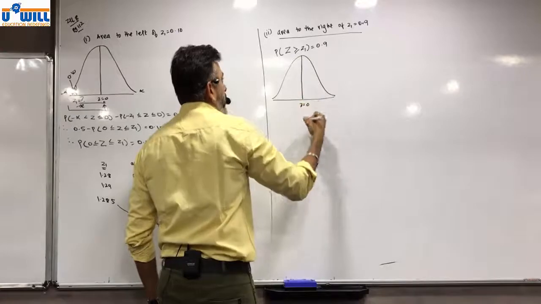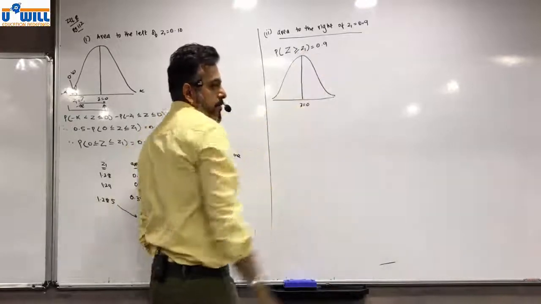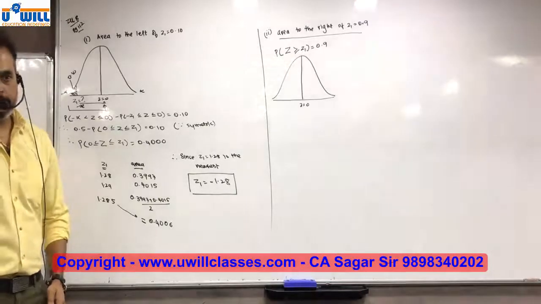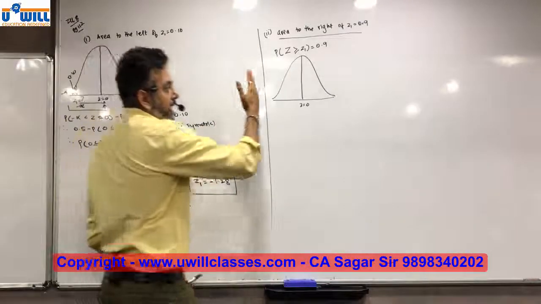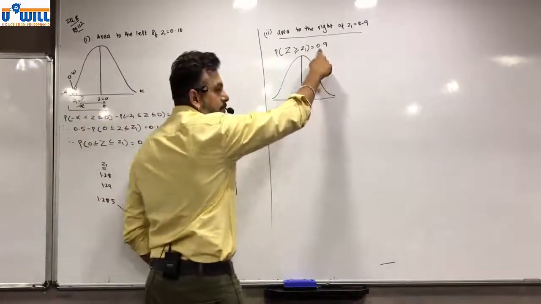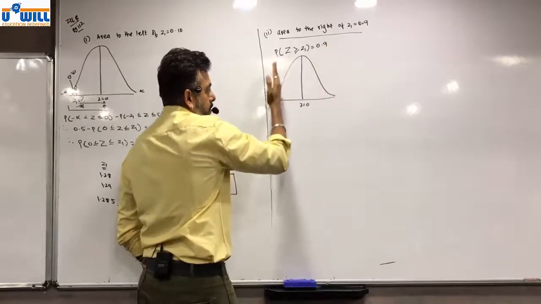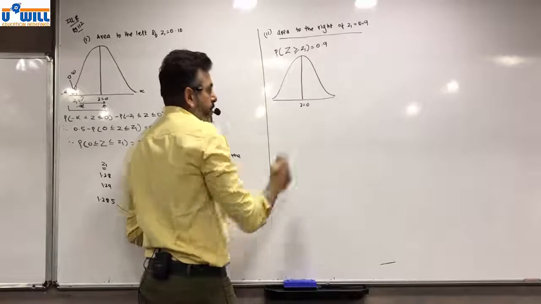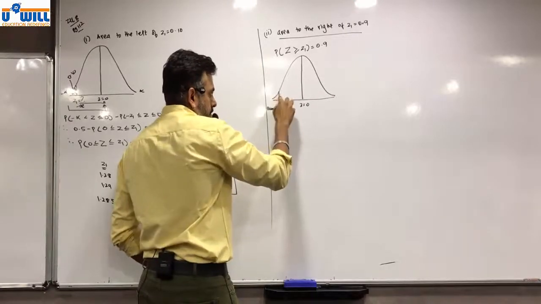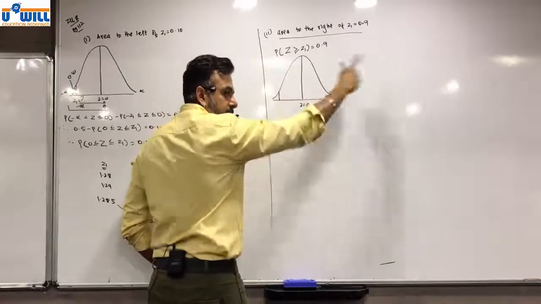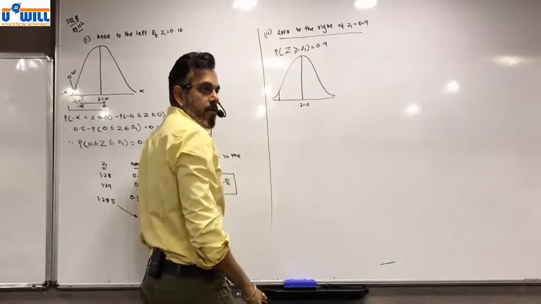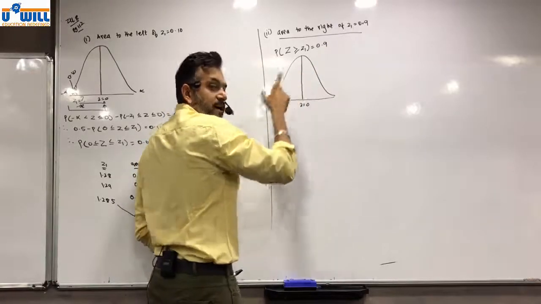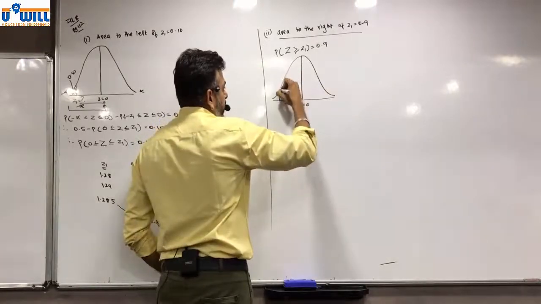Z is equal to 0. Now here z1. I want shading to the right hand side, but I want area 0.9. So from here if I start, I'll get 0.9. So from here towards the right. समझ में आया सबको? Because now we want how much? 90% of the area. So we start shading this.